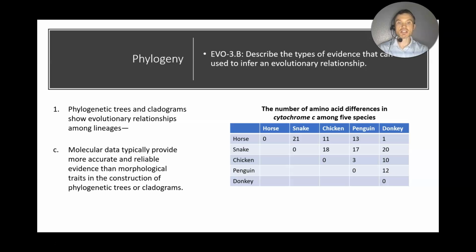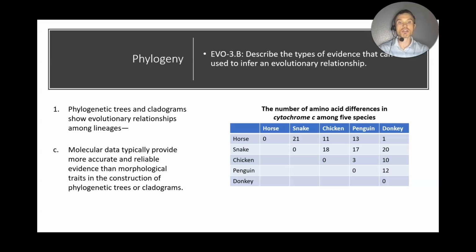What you'll notice is that if you compare across the diagonal, the horse and the horse are obviously the same amino acid sequence. The lower the number is, the more similar those two individuals would be for that particular protein. So for example, the horse and the donkey, there's only one difference between those two amino acids.